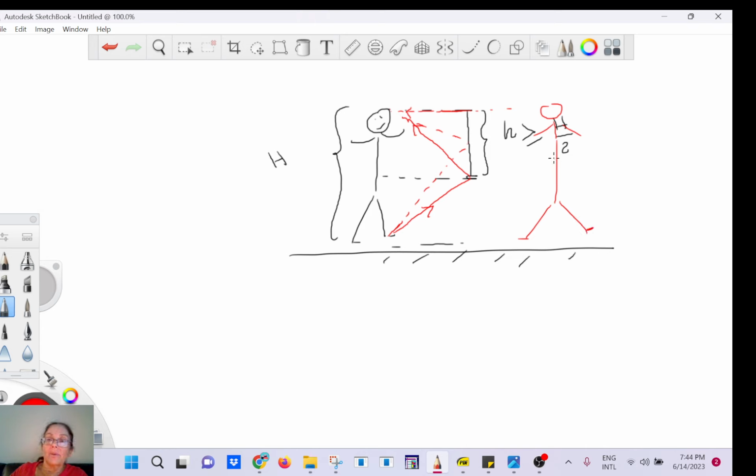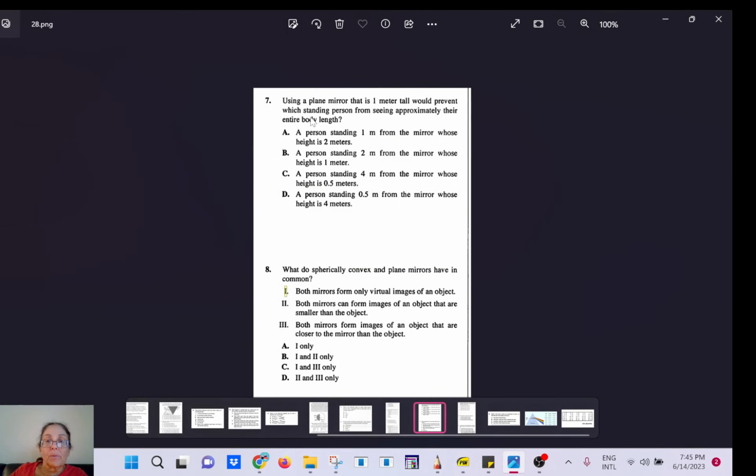Beyond the mirror, of course, right? So here the mirror is 1 meter, so you can see a person who is 1 meter. So 1 meter, that's going to work.